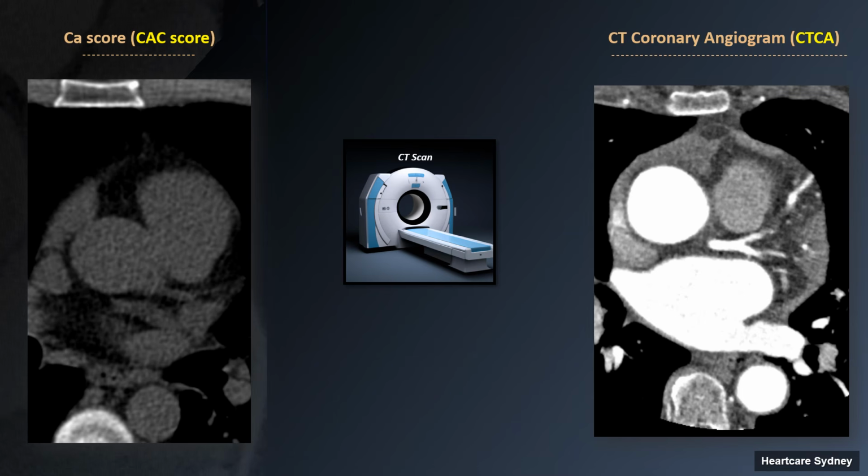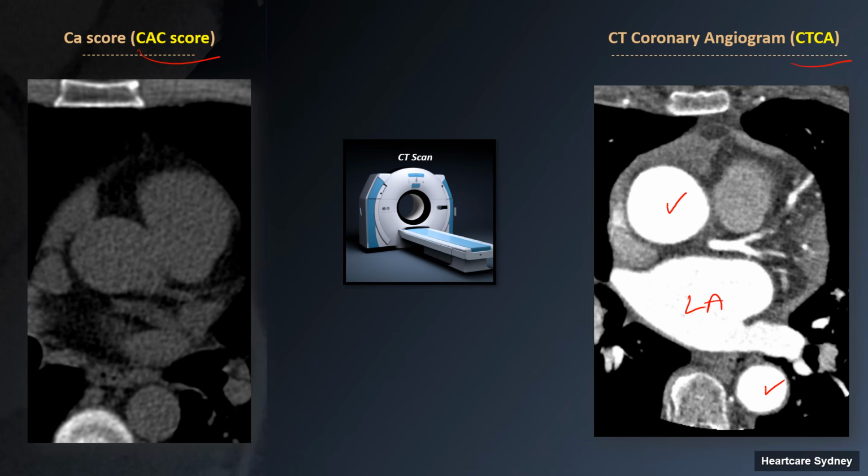Here we have a few examples of CT scans in coronary calcium scoring and CTCA. The striking difference between the pictures is the brightness that we see in the CTCA images. Here in the aorta and left atrium, we can see this brightness, which is due to the presence of the contrast material, which creates this distinctive contrast between white and gray.